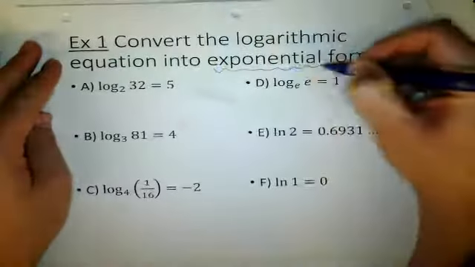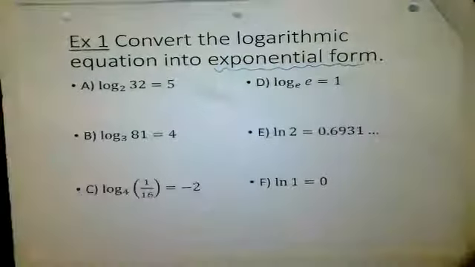Right here, example 1 is converting the logarithmic equation into exponential form. Make sure you read the directions. But really, what we have here in letter A is a log equation. Can you guess why? It's got a log in it. Yeah, that's why.